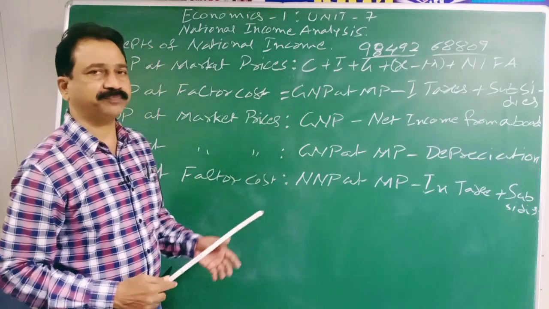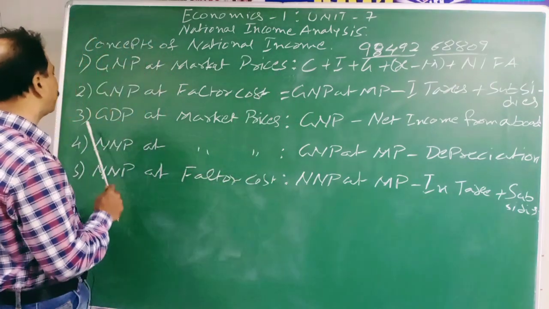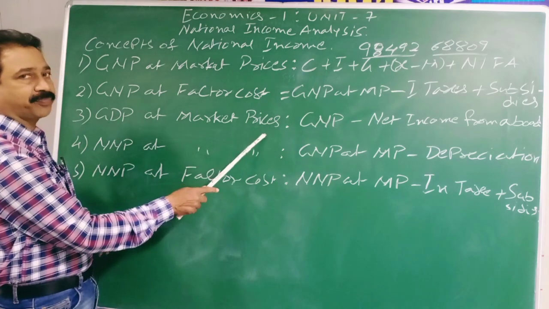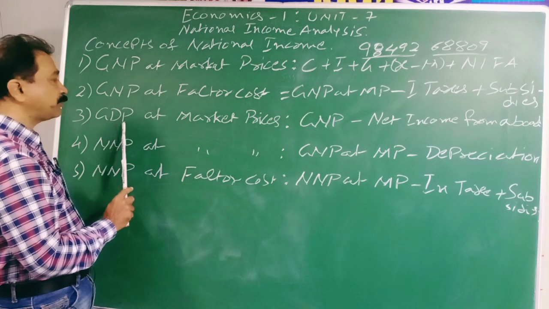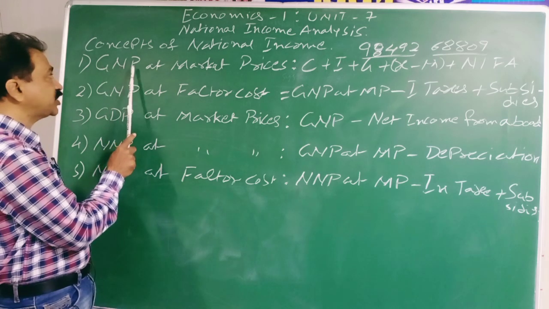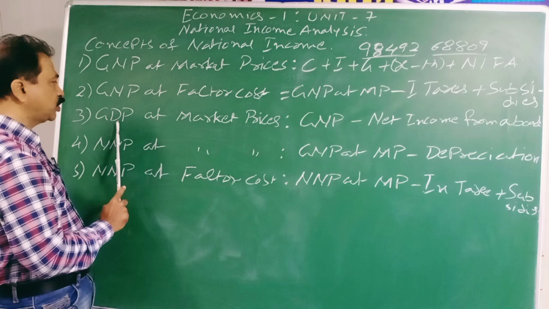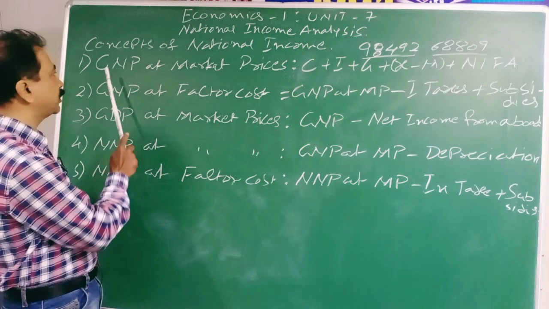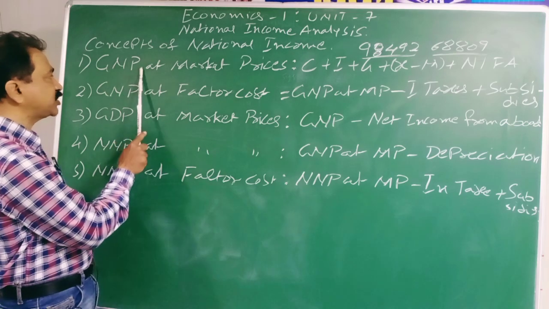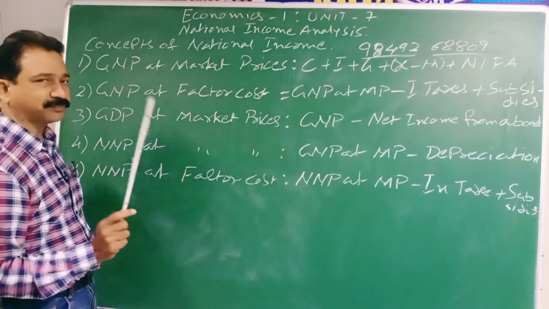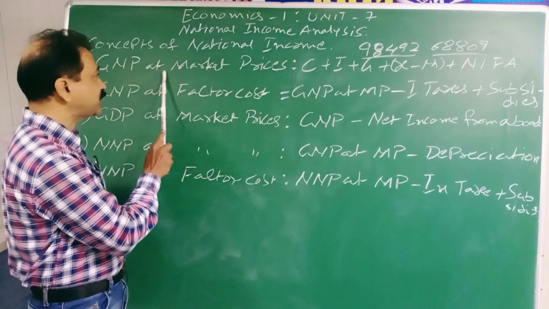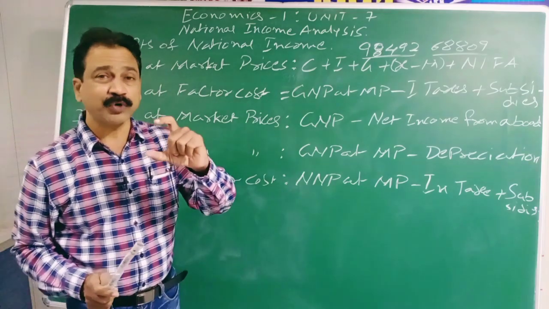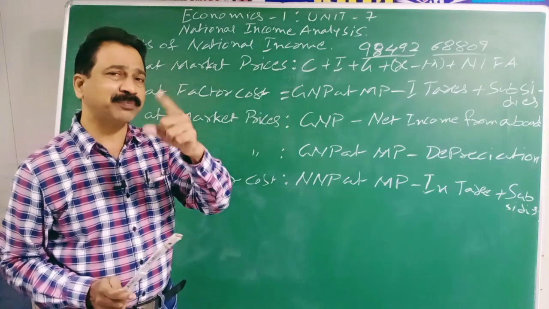I can clarify them. Okay, let me go to the third point, that is GDP at market prices. Gross national product, gross domestic product at market prices. The difference is, this is national product, this is domestic product. Here, when I was introducing GNP at market prices, I told you where it is produced is not important. Who produced is important.